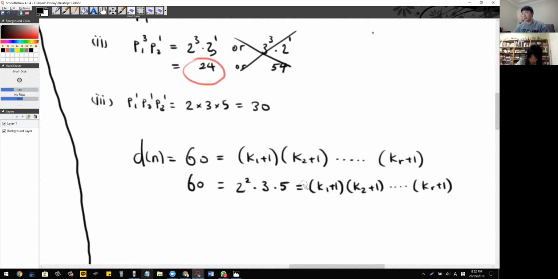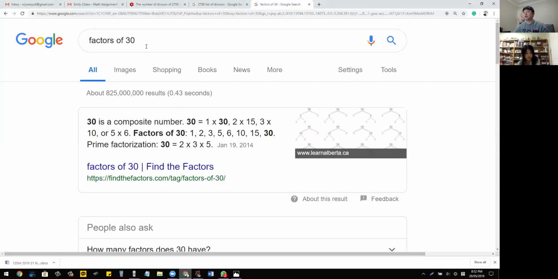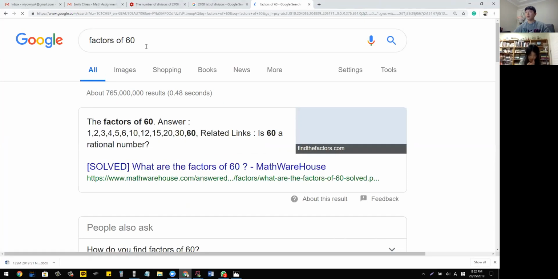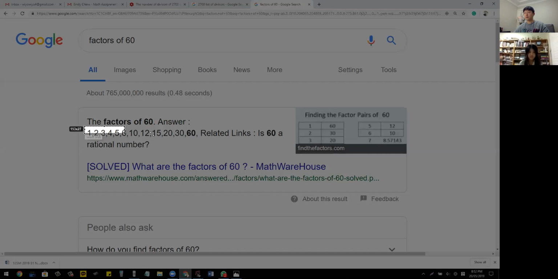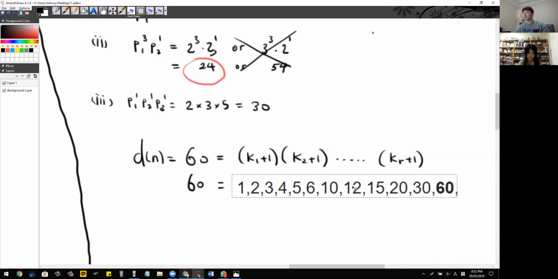Let's actually find all the factors of 60. It's like 1, 2. Yeah, factors of 60. There's not that many. These are the factors of 60.